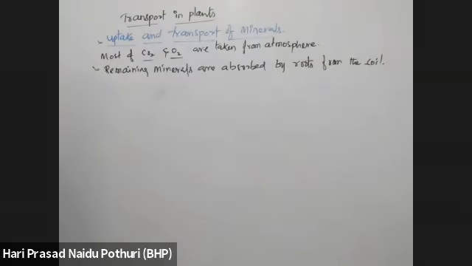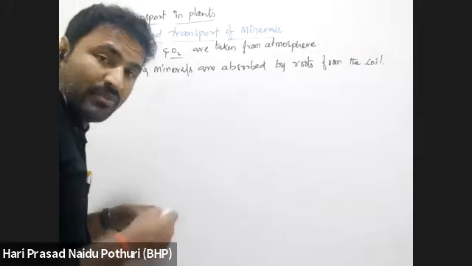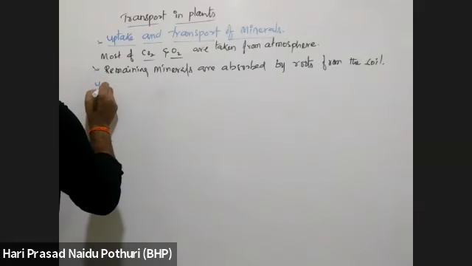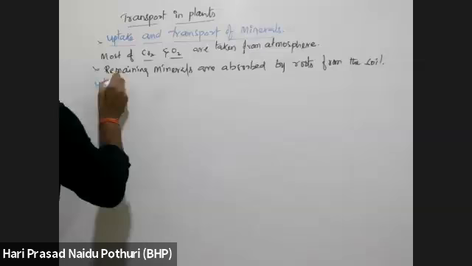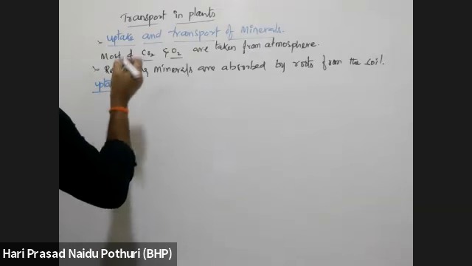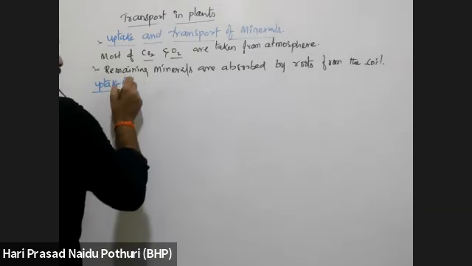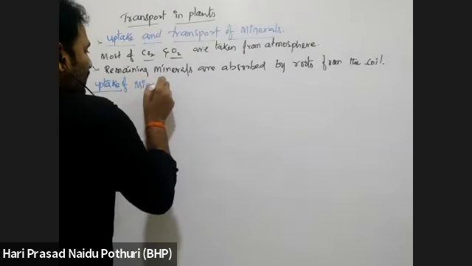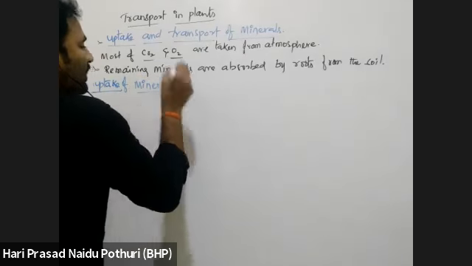Soil is the source of all minerals. The minerals present in the soil are taken up by the roots. So for the minerals present in the soil, roots show an uptake process. Uptake of minerals, then we will see transport of minerals. How are minerals being taken up?